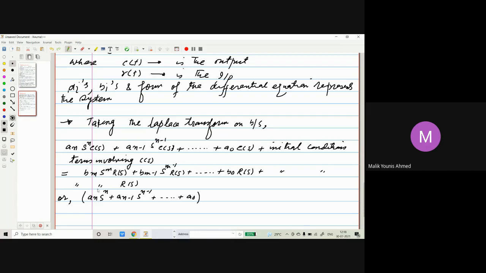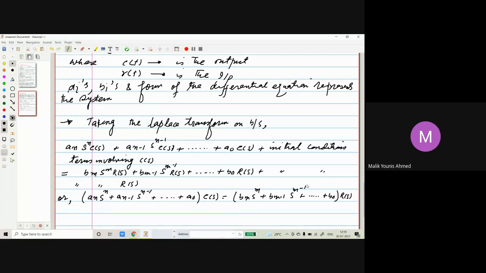These terms are common, we multiply them by C of s, and that will be equal to Bm s raised power m plus Bm minus 1 s raised power m minus 1, plus so on and so forth plus B naught, bracket close, into R of s.